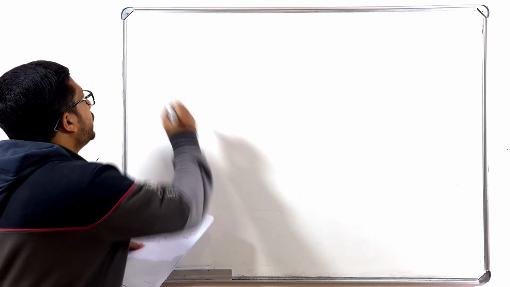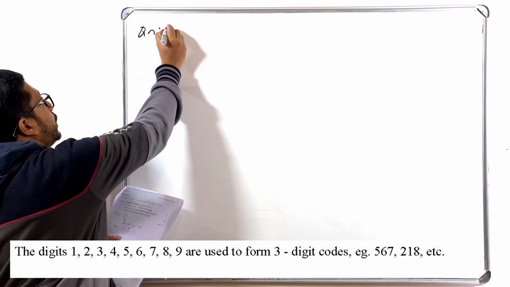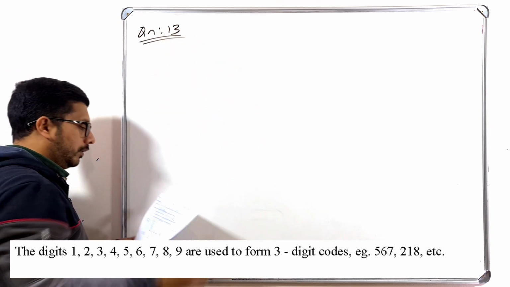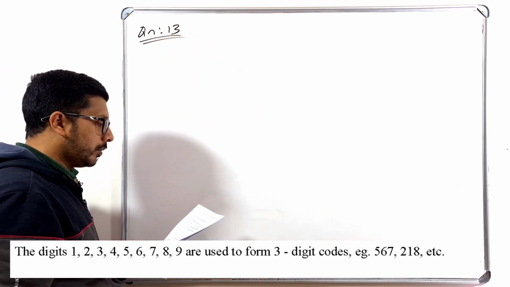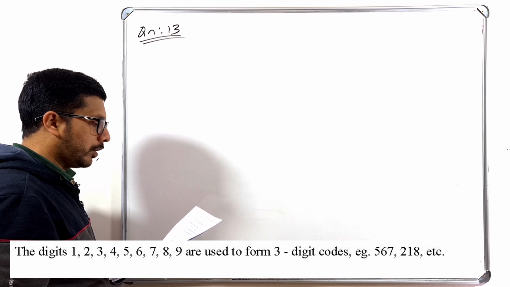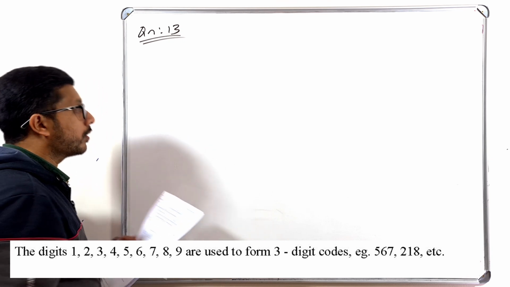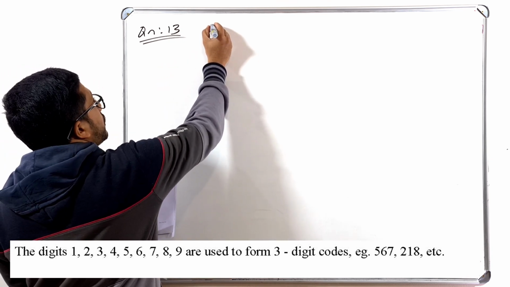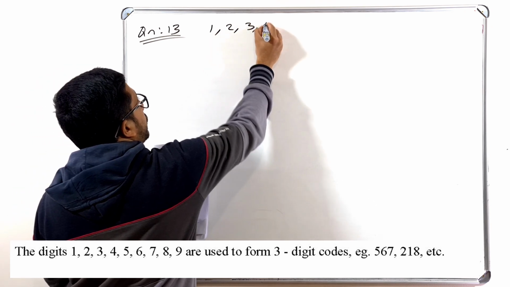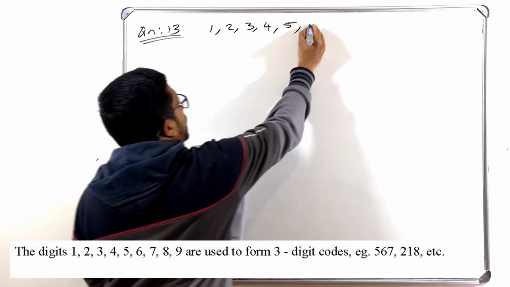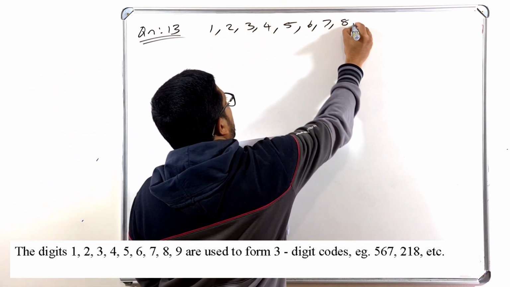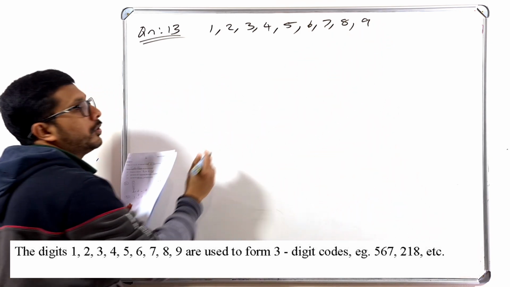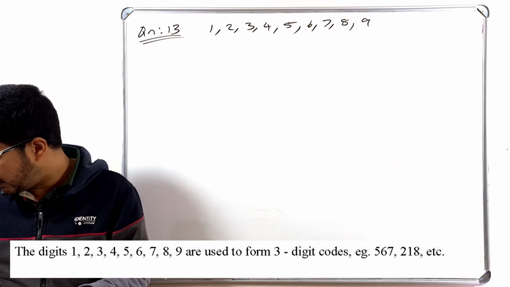Question number 13. What is question number 13? The digits 1, 2, 3, 4, 5 up to 9 are used to form a 3-digit code. So the digits 1, 2, 3, 4, 5, 6, 7, 8, 9 are used to form a 3-digit code.